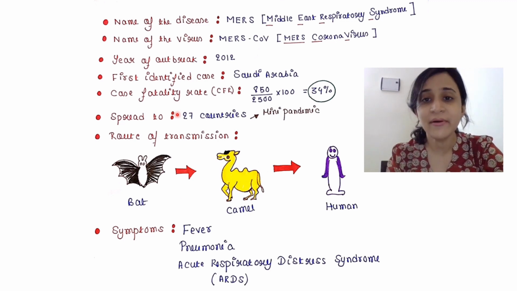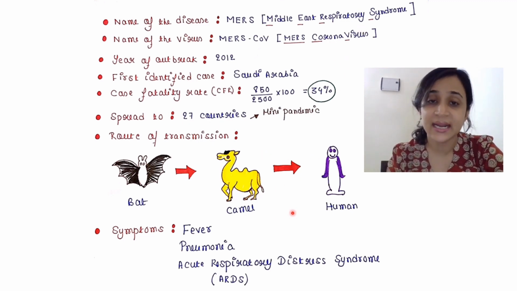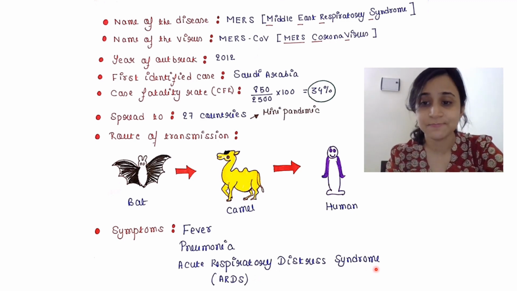Although the primary host is same, that is bat for both the cases. Now in the body of camel, the virus was again mutated and it was transmitted to a human body. Symptoms are quite same as SARS-CoV-1 like fever, pneumonia and acute respiratory distress syndrome or ARDS.